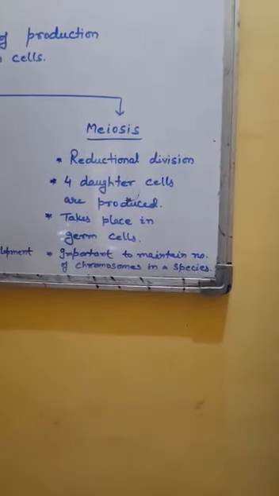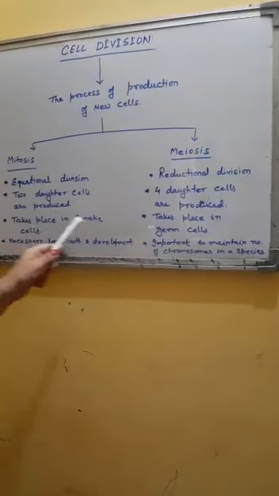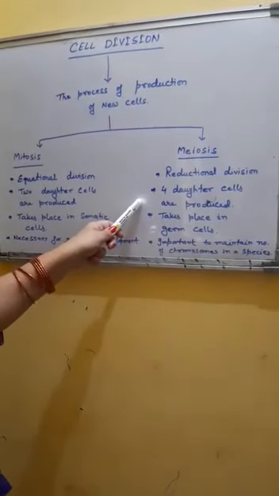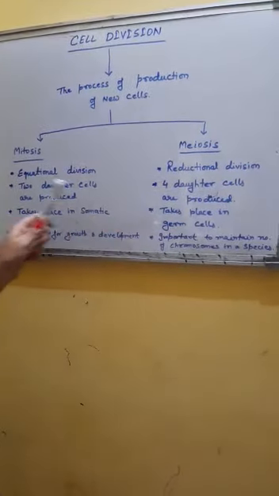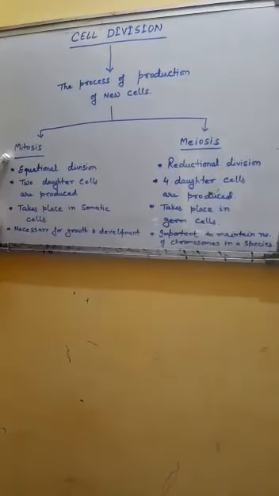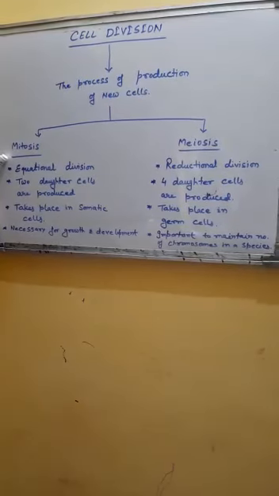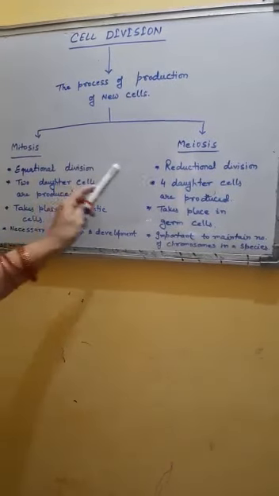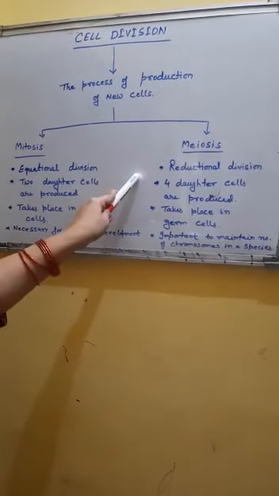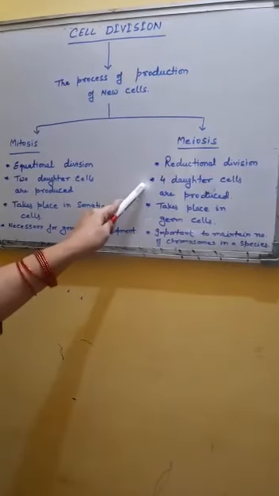Now, let's have a quick comparison between mitosis and meiosis. Mitosis takes place mainly in somatic cells. Meiosis takes place mainly in reproductive or germ cells. In mitosis, the number of chromosomes is similar to that of the parent. In meiosis, the number of chromosomes gets reduced to half.